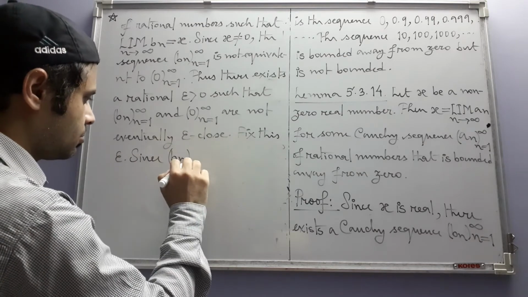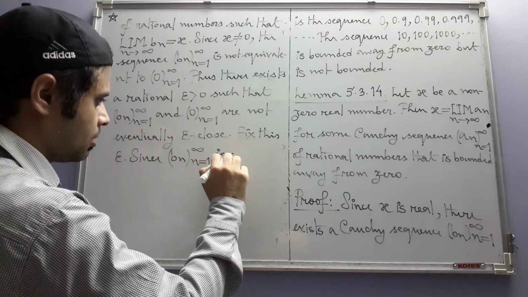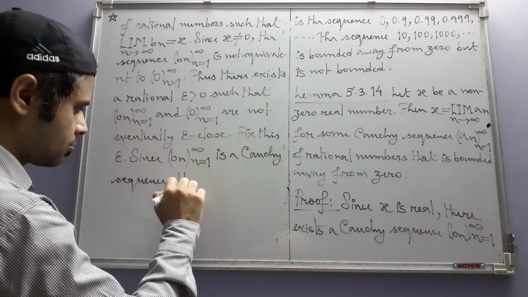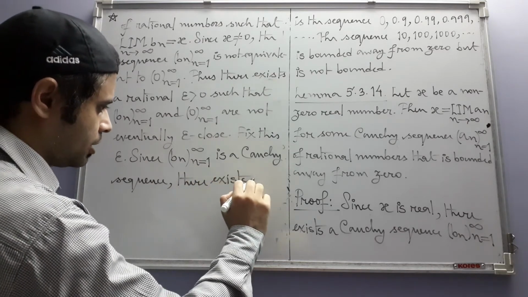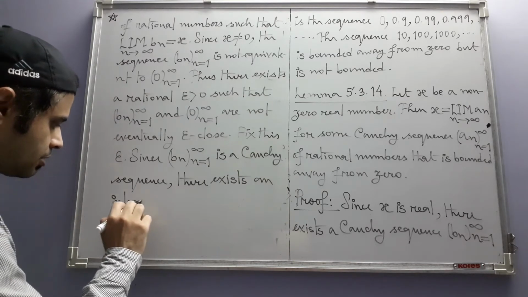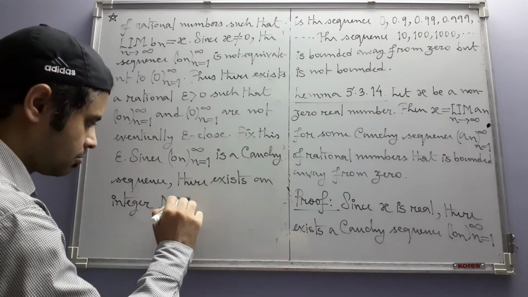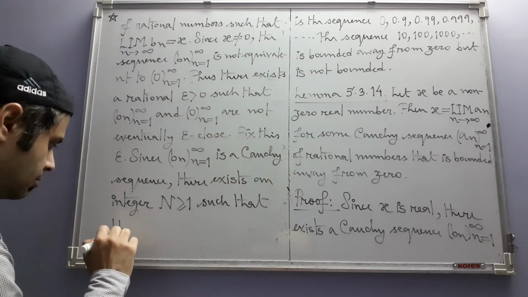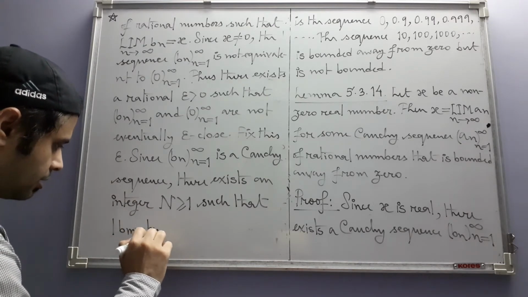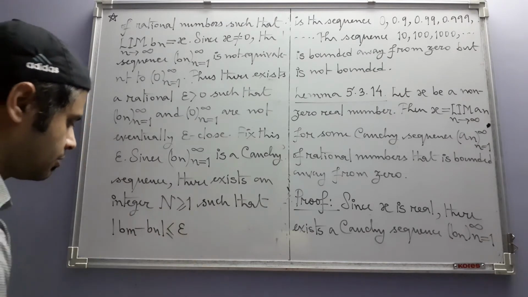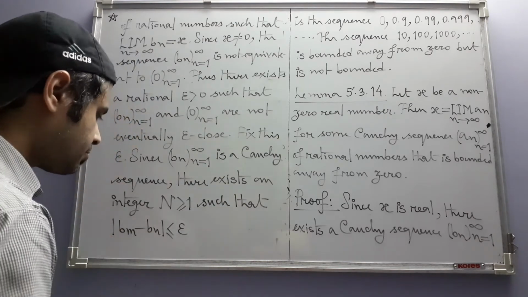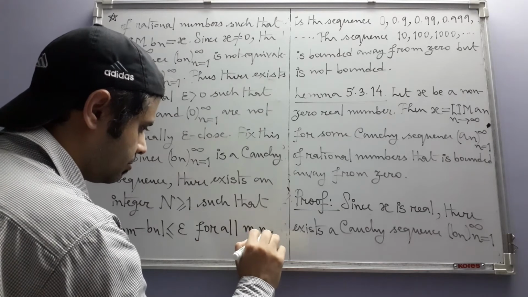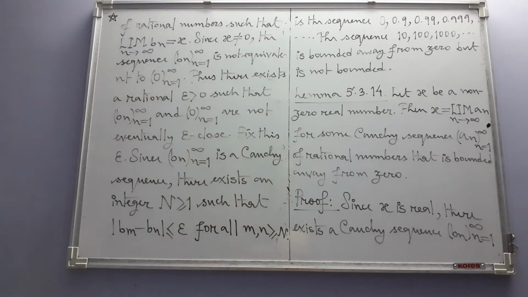Since this is a Cauchy sequence, there exists an integer N, so you just apply the definition of Cauchiness, such that the distance between Bm and Bn is less than or equal to epsilon for all m and n greater than or equal to N.